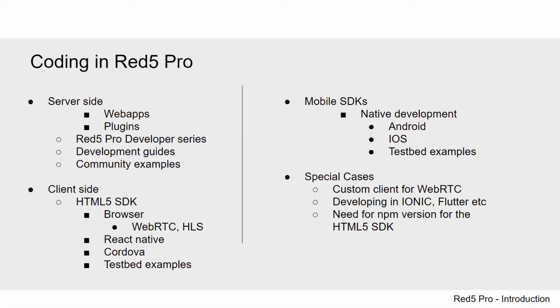So if you're developing something for the Cordova platform, you can make use of community contributions, and in most cases you should reach out to the developer or the contributor directly for any development assistance.